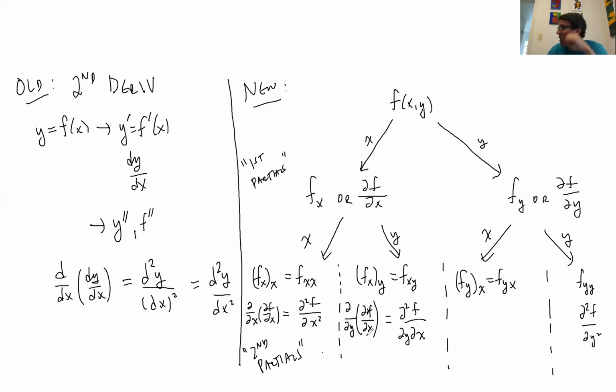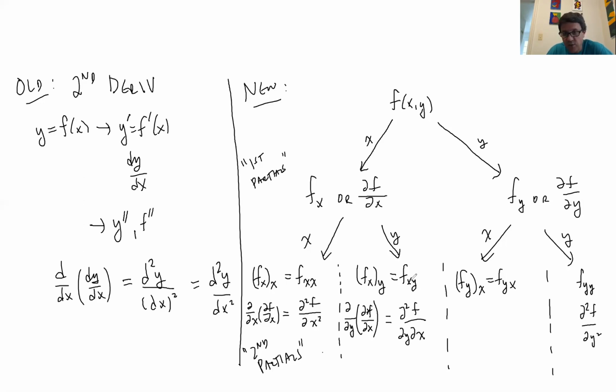Now this is where it looks a little confusing, because if I use the subscript format, the x goes first, then the y. If I use the fractional format, it looks like the reverse. And this is one thing to be real careful of.